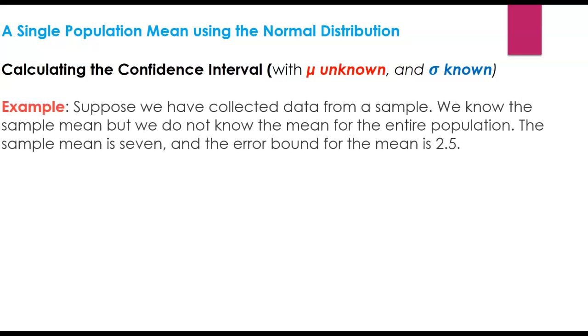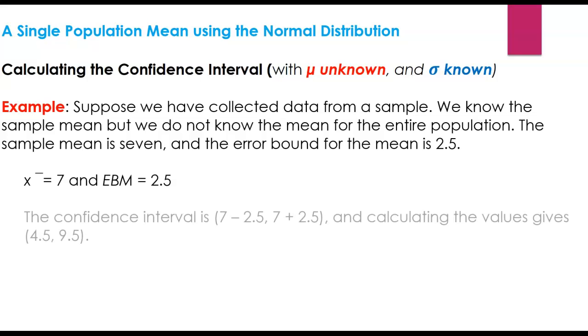Here's an example. Suppose we have collected data from a sample. We know the sample mean, but we do not know the mean for the entire population. The sample mean in this case is 7, and the error bound for the mean is 2.5. X bar equals 7, and our error bound is 2.5.